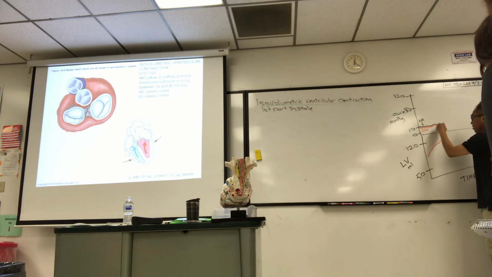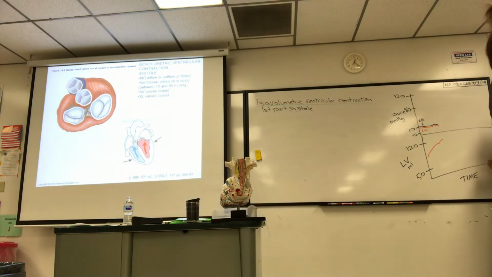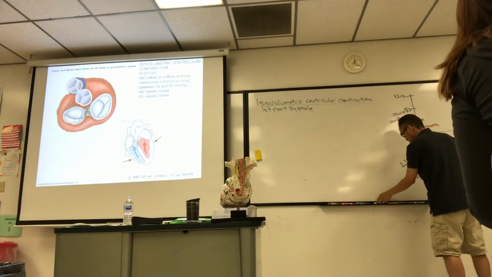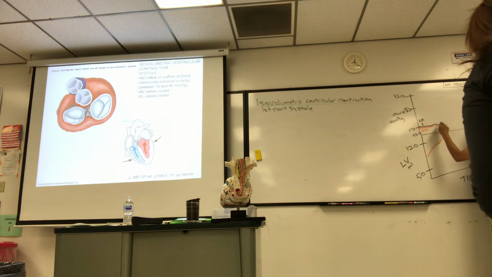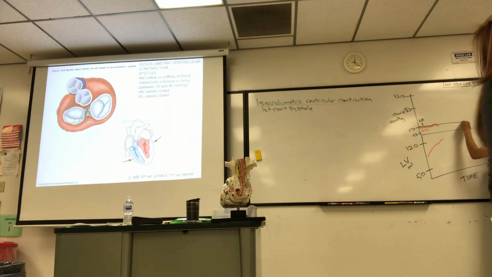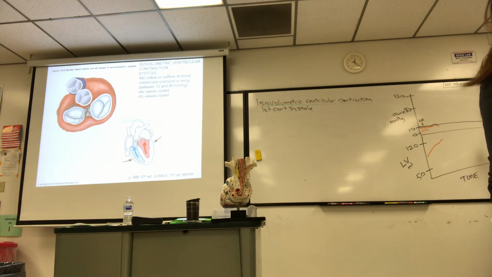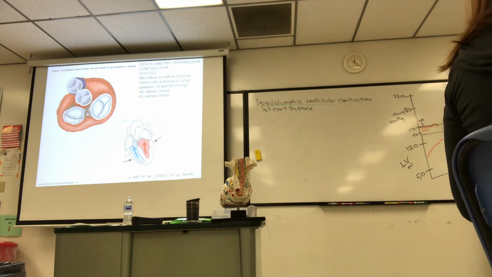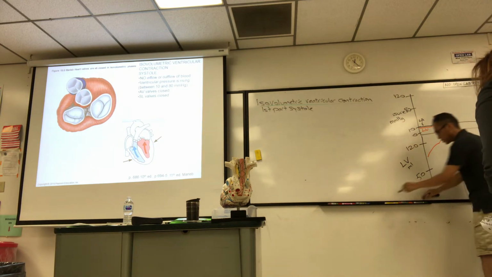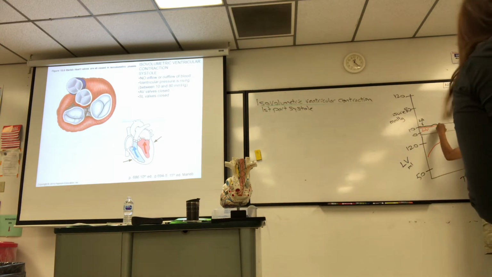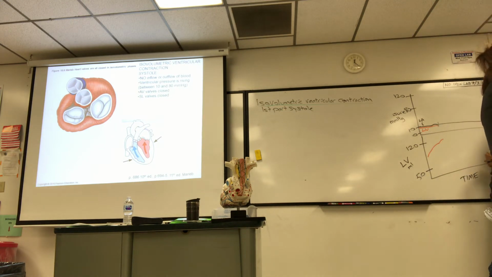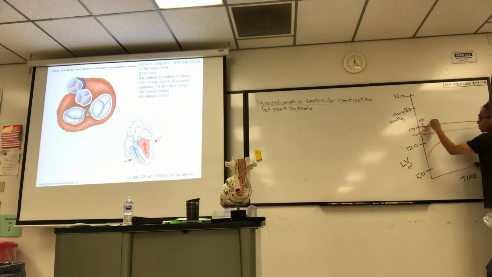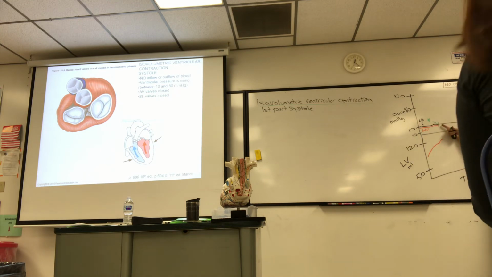You don't have to use the same color I do. Pressure will start to rise. I'm going to stop right there because left atrial pressure will stay low, and so it's relatively unimportant. So I'm just going to extend the left atrial pressure. It just stays low. But man, LV pressure shoots up. And as soon as the pressure exceeds the LA, right at this point, I'll put a little star there.